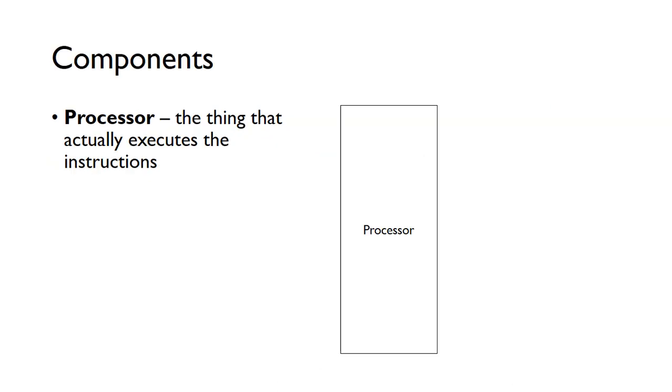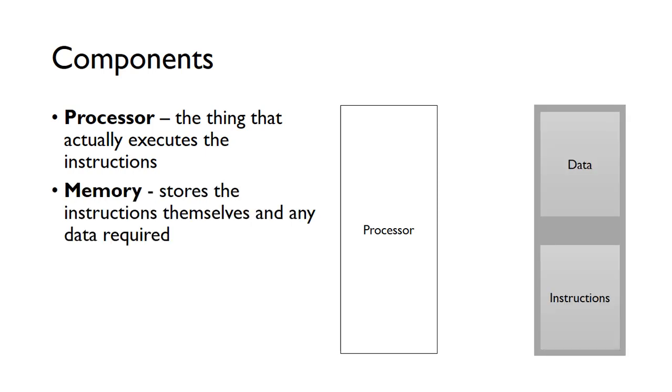So let's look at the components that make up a stored program computer. We've got a processor, which is the thing that actually executes the instructions. Then we've also got memory. The instructions live in the memory, and any data that is needed will also be in that memory. For example, there might be an instruction to add two numbers together, so the add instruction will be stored in this part of memory.